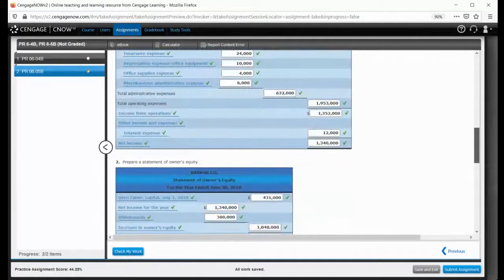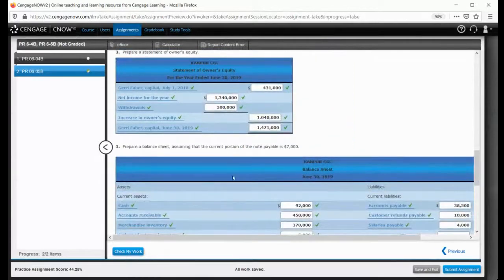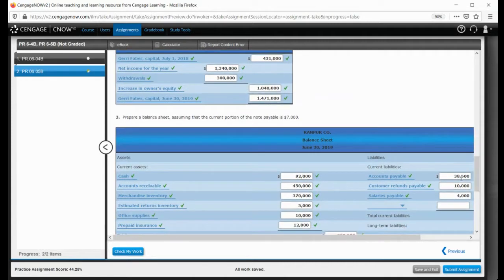But if you'll look in your instructions right here, before you prepare the balance sheet, it says assume that the current portion of the note payable is $7,000. Notes payable, the current portion is going to go here. And technically, instead of that saying notes payable, that should say current portion of notes payable.